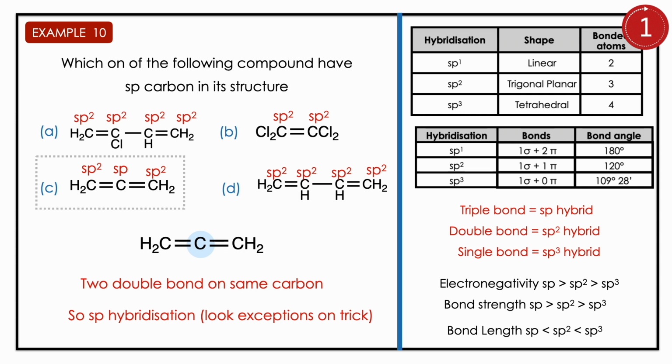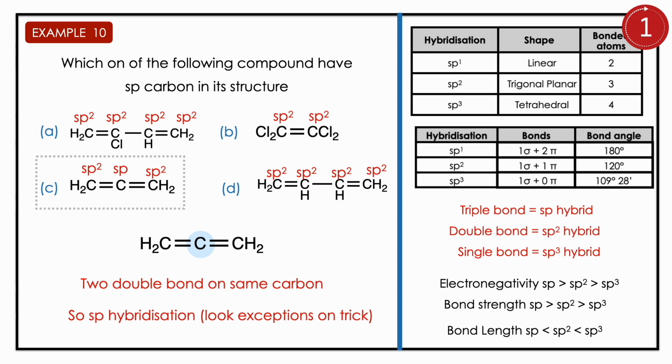If you look at A, all are sp2 hybridized because all carbons are connected with double bonds. If you look at B, that is also only double bonds, so sp2, sp2. If you look at C, all are double bonded carbons, but the middle carbon is connected with two double bonds, so it is sp hybridization. That is an exception to our trick.